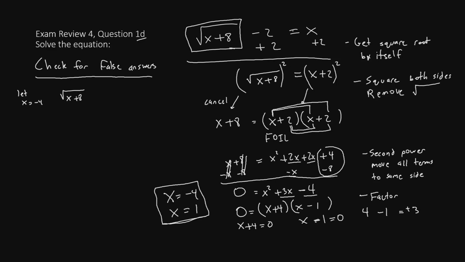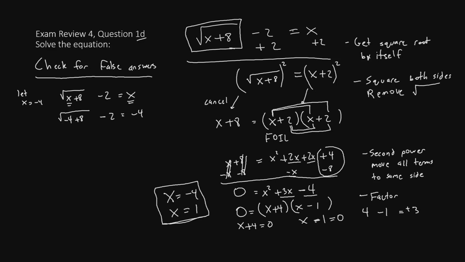We had root of x plus 8 minus 2 equals x. Let's now replace the x's in these positions with negative 4 and see if the equation is still true. We'll have negative 4 plus 8 inside of the root equals negative 4.